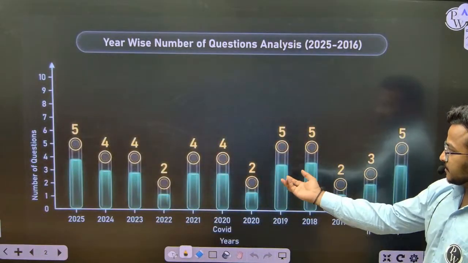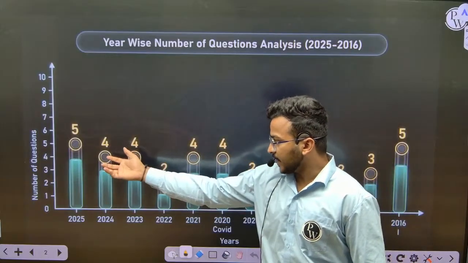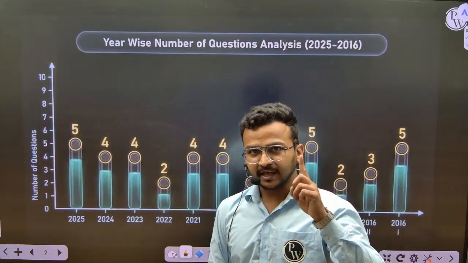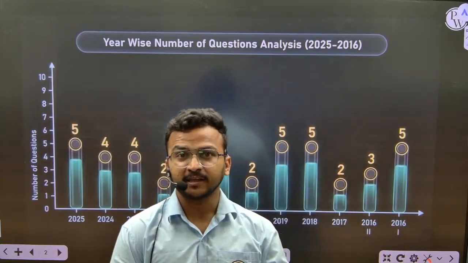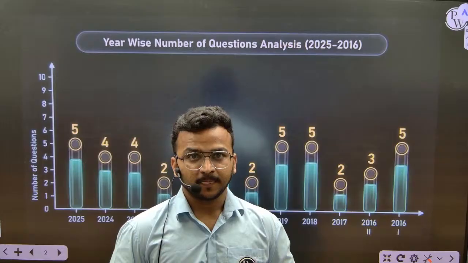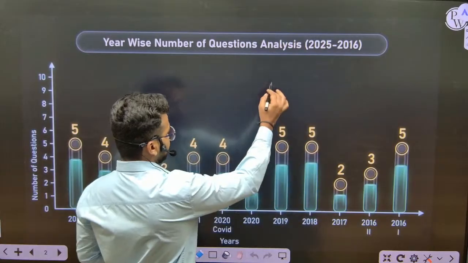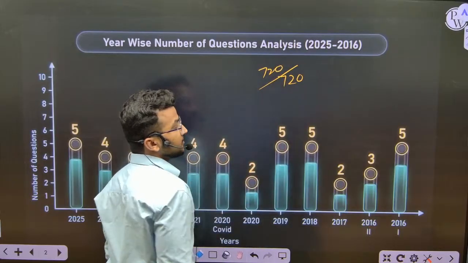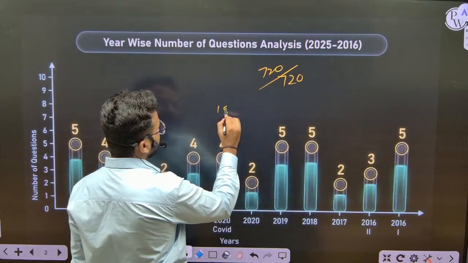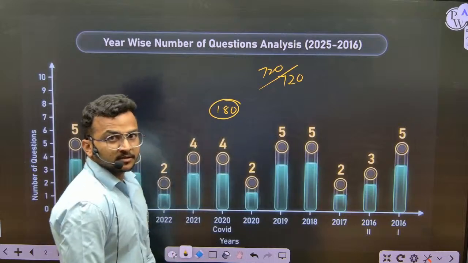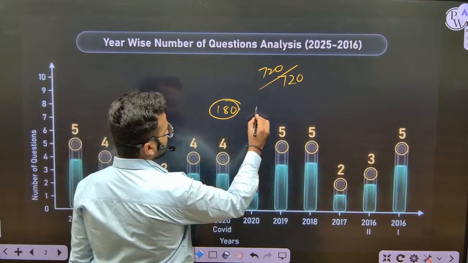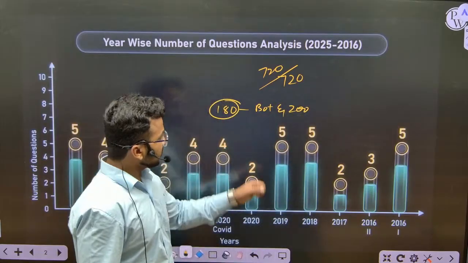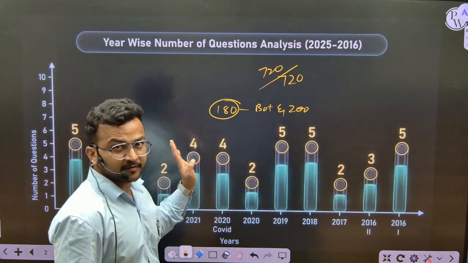Every year 3 to 5 questions have been asked, and each question carries 5 marks. NEET is a 720 marks paper, out of which 180 marks is of biology, including both botany and zoology.